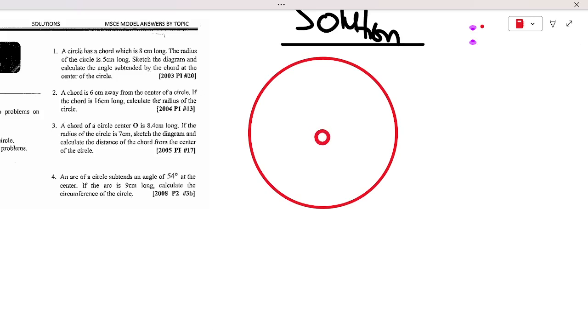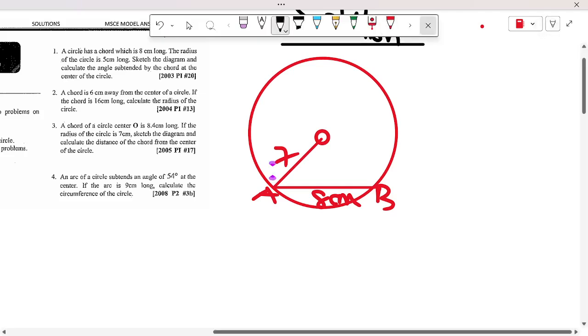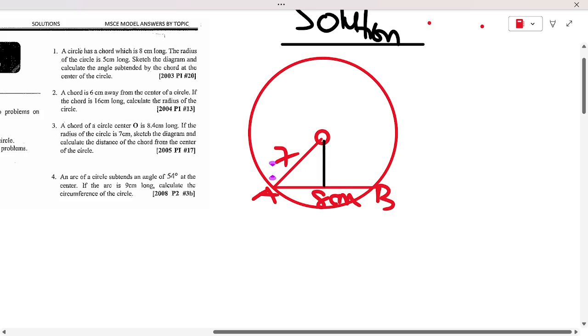Then you say a chord is 8 centimeters long, so you draw a chord of 8 centimeters and label it AB. If the radius of the circle is 7 centimeters, from the center you put 7. They want you to calculate the distance from the center to the chord, so we can put it like this. Simple as that.